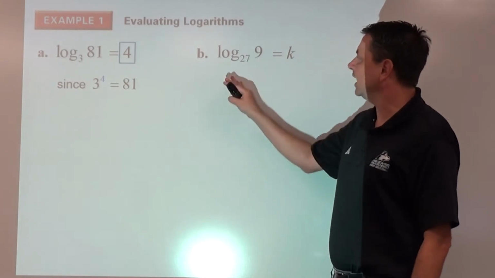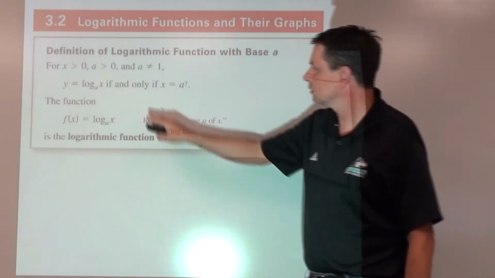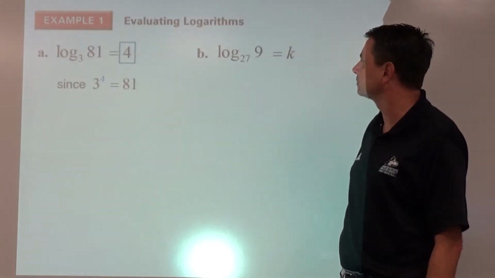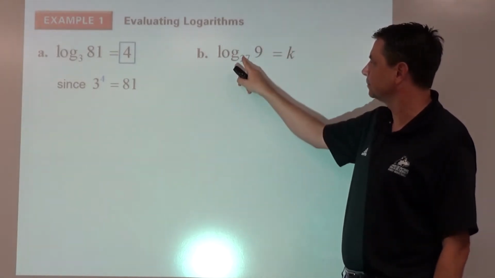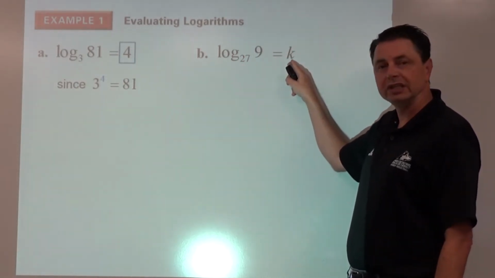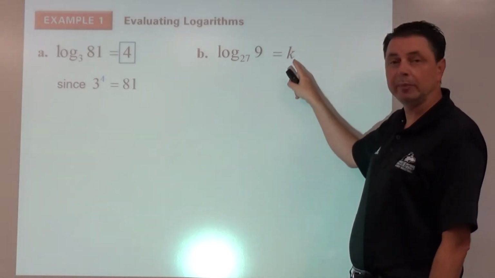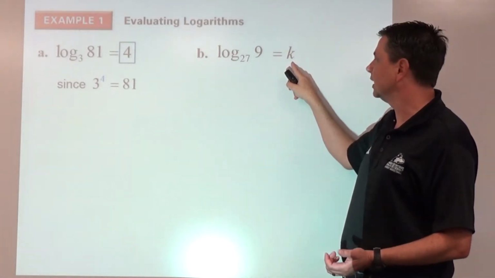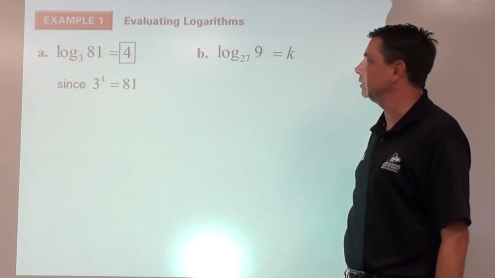Then we're going to rewrite this back into exponential form. The way that we do that is we always move the base. So 9 will stay. 27 moves to the other side. Since it's the base over here, it will become the base over here as we rewrite it as exponential. And since 27 is the base, that bumps up the k to be the exponent.